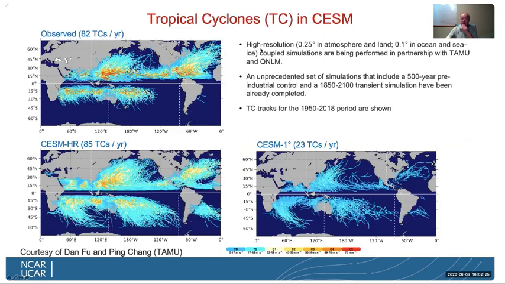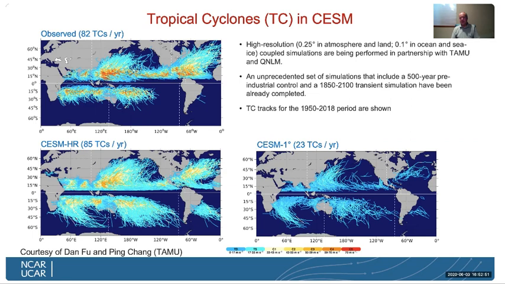And we have now completed quite a big set of simulations. We have completed a 500-year pre-industrial control simulation. We have also completed so far one ensemble member of 1850 to 2100 transient simulation. And we have also completed a bunch of simulations in support of the high-res MIP.